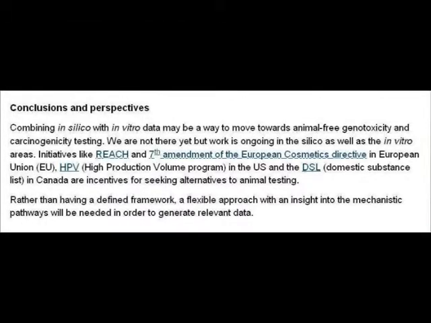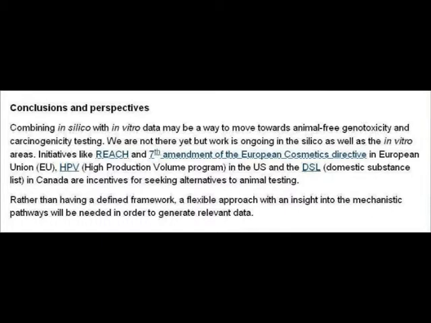This last slide gives the author's conclusions and perspectives. It reads, combining in silico with in vitro data may be a way to move towards animal-free genotoxicity and carcinogenicity testing. We are not there yet, but work is ongoing in the in silico as well as the in vitro areas.